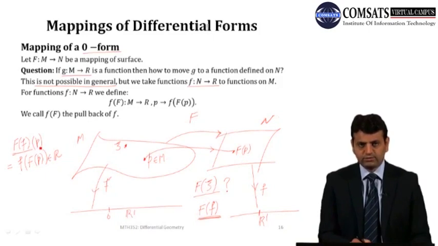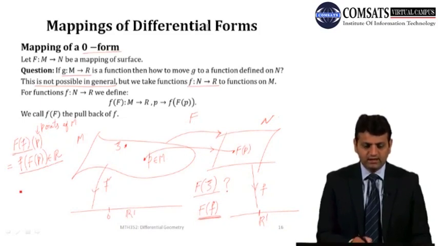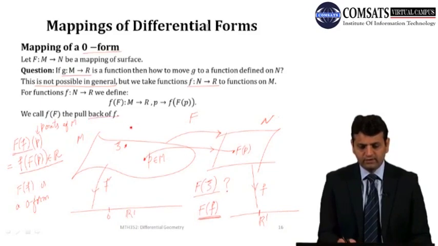And what is the input? Input is points of M, so we are taking points of M and giving as an output real numbers. So a function which takes points of the surface and gives real numbers as the output is called a zero form. So basically f of g is a zero form, and we call this the pull back of g.